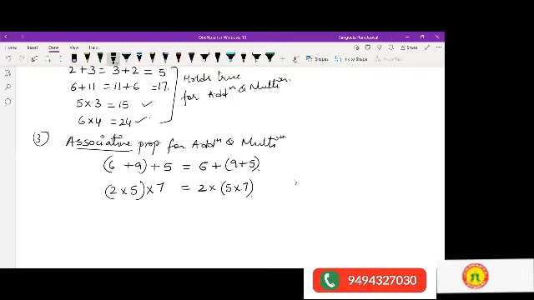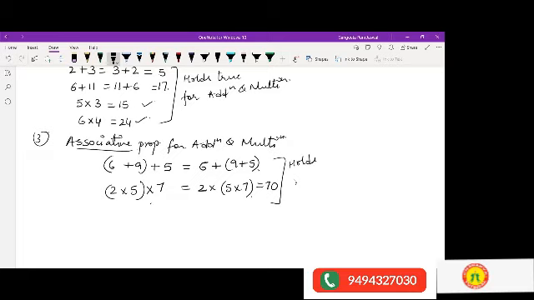Again 70. So this is 10 into 7, 70. And this is 35 into 2, 70. Okay, children? I hope you are understanding this. So in this case also, we say that associative property holds true for addition and multiplication.